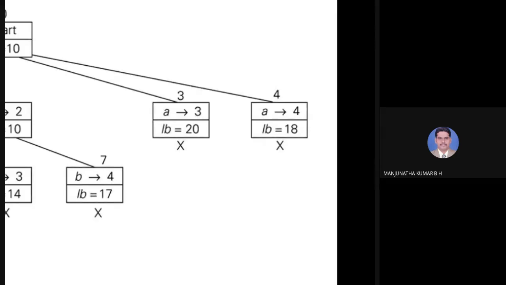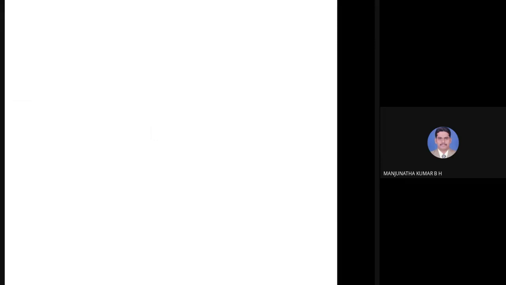Today I'm going to discuss the knapsack problem. You already know the problem statement of the knapsack problem. We already discussed this problem statement in the brute force chapter. Till now we have seen two methods to solve this problem: one is the brute force technique and another is the dynamic programming technique.